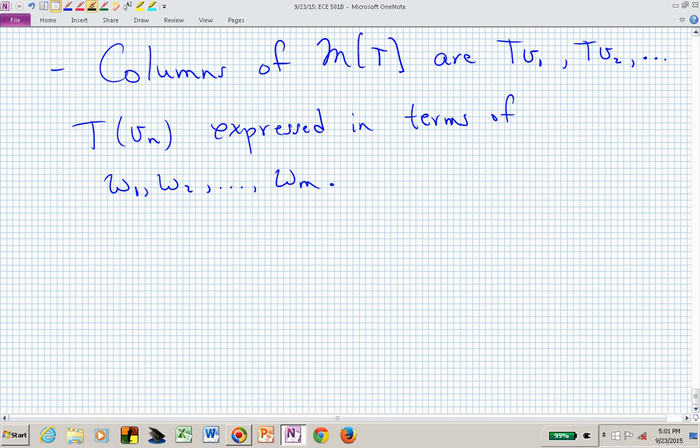And in this case, the only way that we can have the same dimension in our domain and codomain is to have the same number of vectors in our basis. So we have the same dimension only if n is equal to m.